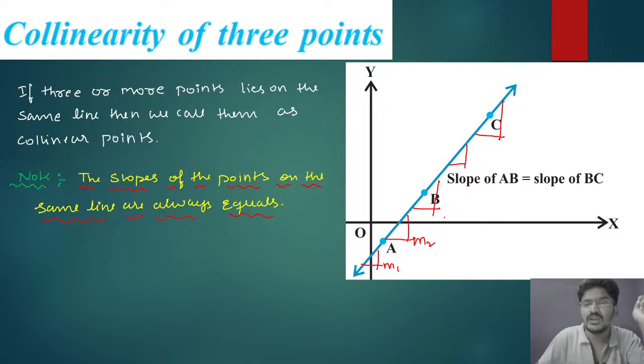If this is M1, M2, M3, M4 and this is M5, here the conclusion will be M1 equal to M2 equal to M3 equal to M4 is equal to M5.